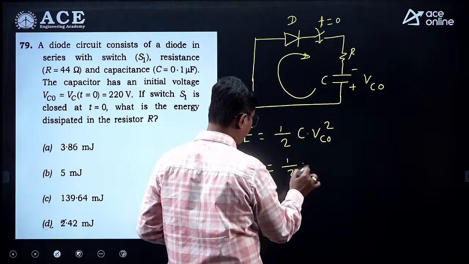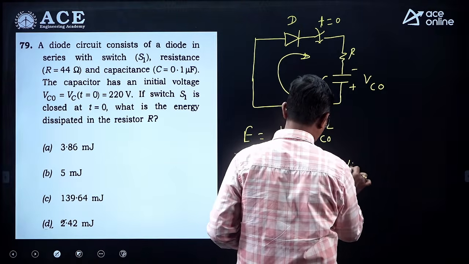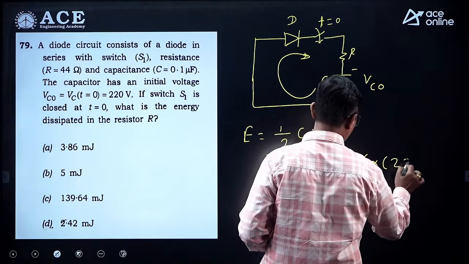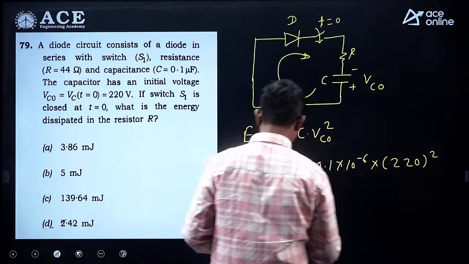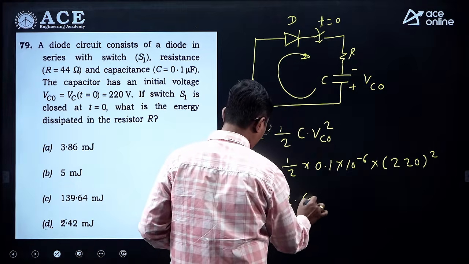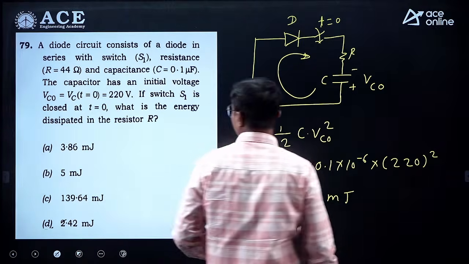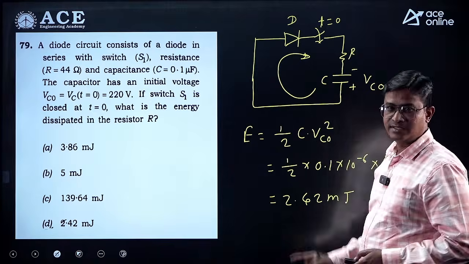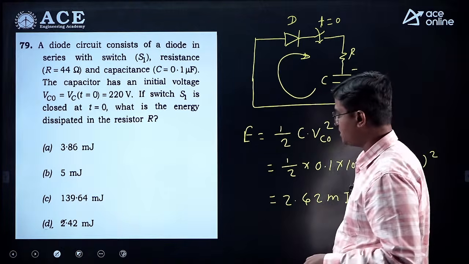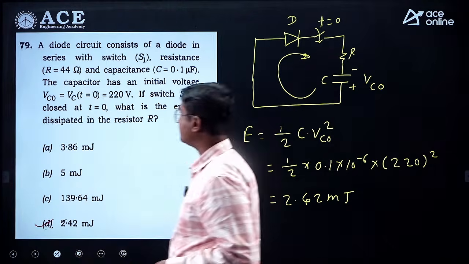So it is half into, capacitor value is 0.1 microfarad and VCO is equal to 220 square. If you simplify this, you will get it as 2.42 millijoules, right? Simple question. The capacitor is giving energy and that energy is dissipated in a resistor. So option D is the correct option for this question.